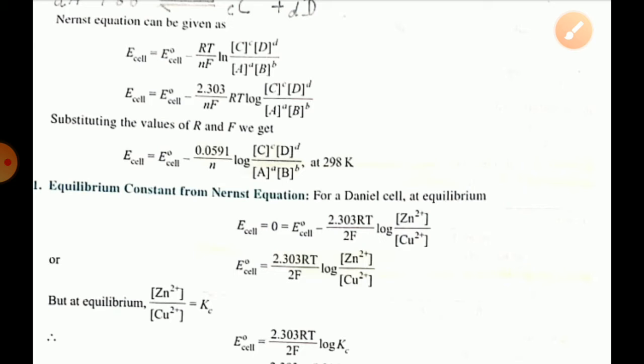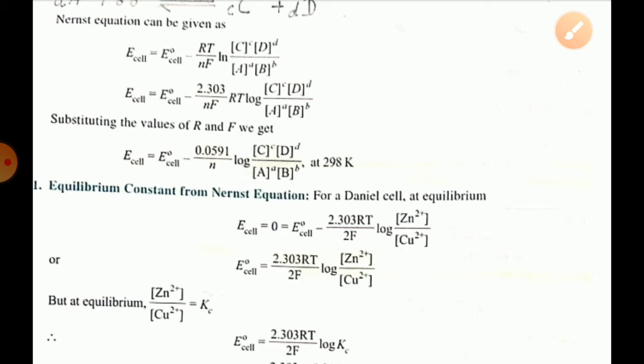Converting natural log into log, the cell potential equals the standard cell potential minus 2.303 RT upon nF log concentration of product upon concentration of reactant. Here 2.303 is used when we convert natural log into log.